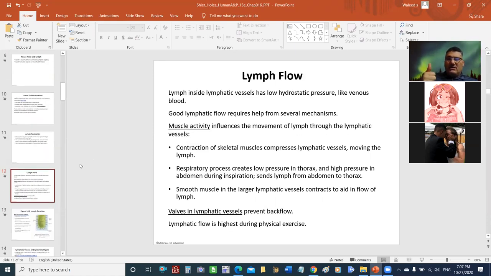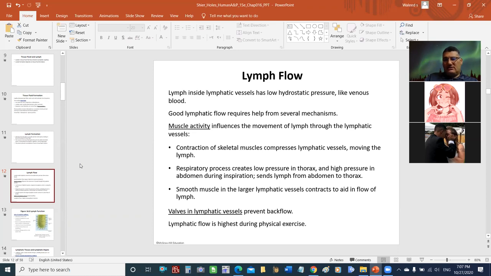Now I just told you that the lymphatic pressure, the pressure in the lymphatic system, is the same as the veins, if not less. In the veins, we said valves, muscular activities, and negative intrathoracic pressure that's pulling up or sucking up. These are the three that help the venous blood flow go back to the heart.